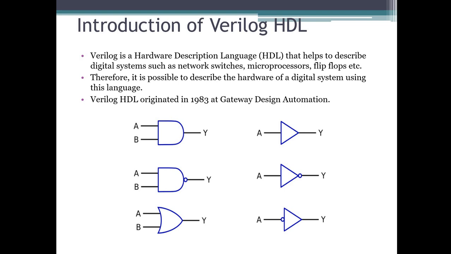You have multiple gates, adders, subtractors, mux, demux. If you want to code that part, you can use Verilog and write the design with the help of this language. Therefore, it is possible to describe the hardware of a digital design system using this language.